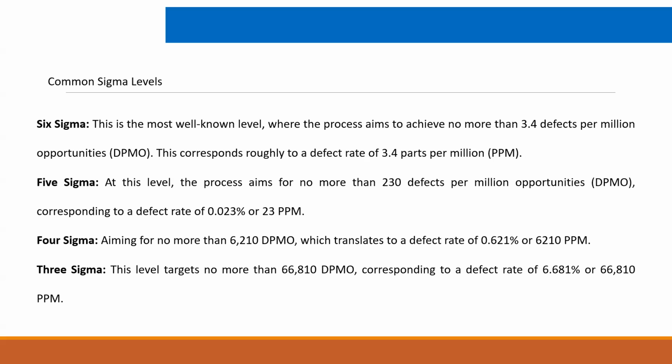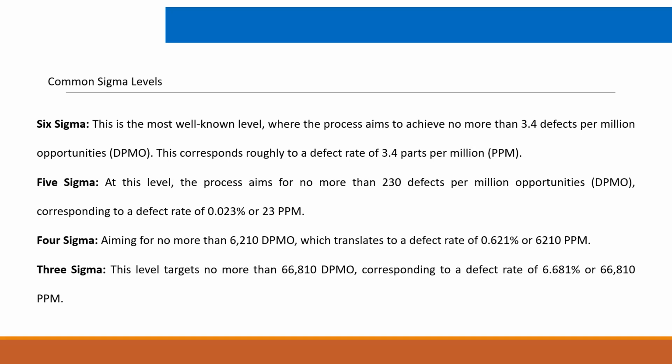If you calculate it, this becomes 6.681% or 66,810 ppm, parts per million. That means there are 10 lakh parts, and out of 10 lakh parts, there is an error or defect in 66,810 parts. That is what we call ppm. Clear?